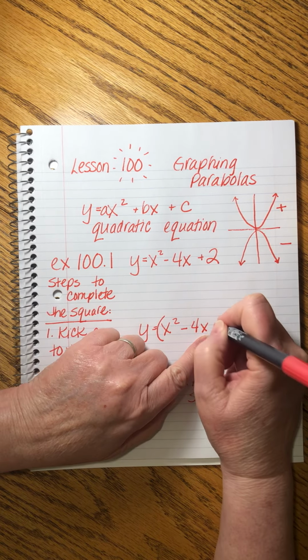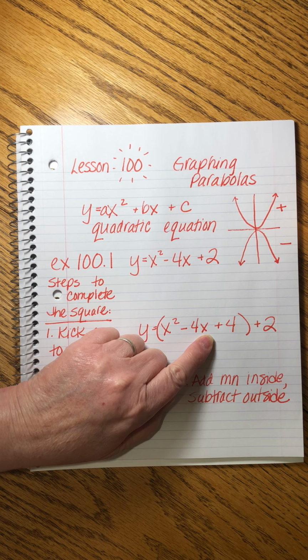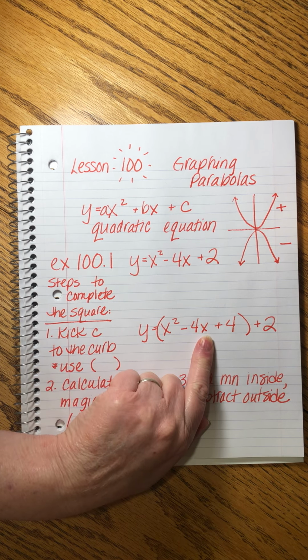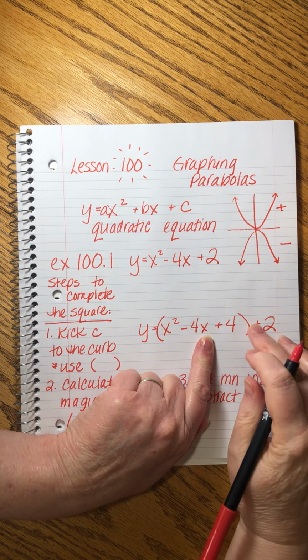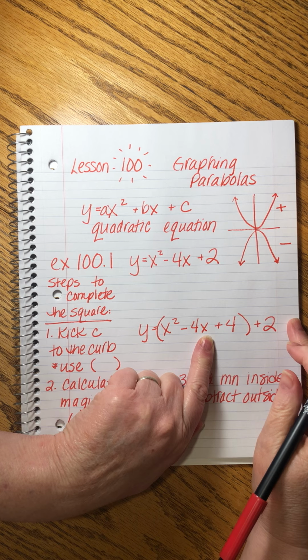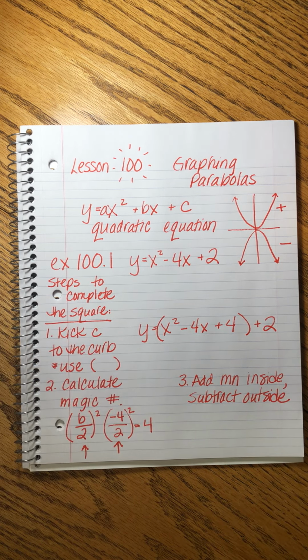We know we want to add the magic number here, +4, right? Now, we have to find a way to balance that, right? And the way we did it last time was this was on the other side of an equal sign, and then we could add 4 on the other side. But we're not doing it that way this time. Everything is squished together on one side of the equal sign. So we have to find a way to balance it without having an equal sign to help us.